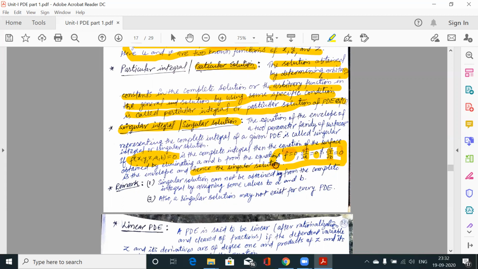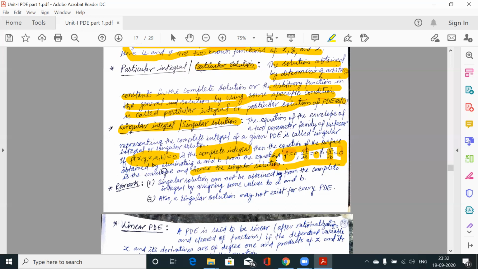So if you are asked to find the singular solution of any partial differential equation, first you need to get the complete solution, because the family of surfaces is the complete integral of the partial differential equation. First you calculate the complete integral, f(x, y, z, a, b) equal to 0.